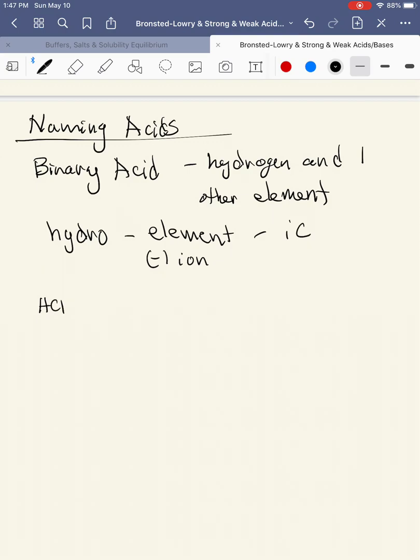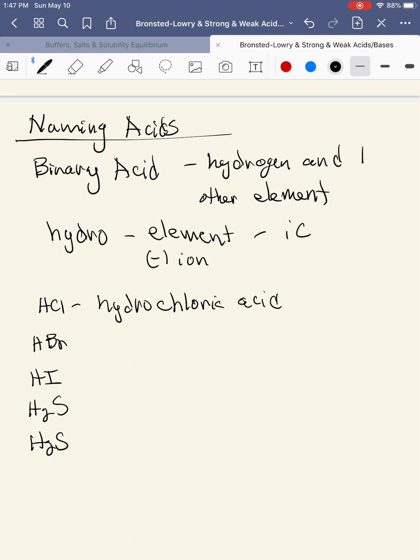So we got HCl, HBr, HI, H2S, H2Se. We'll just use those as examples. Hydro, chlorine, and it just goes chloric. Hydrobromic.